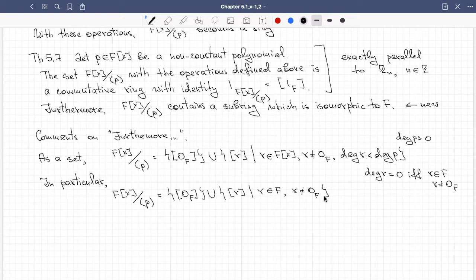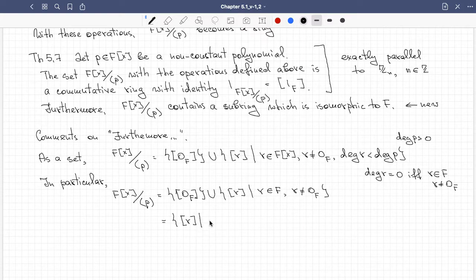So what do we have after all? We have 0 and all non-zero constants, which is the same thing as: 0 is an element of F, and all other elements of F which are not 0.